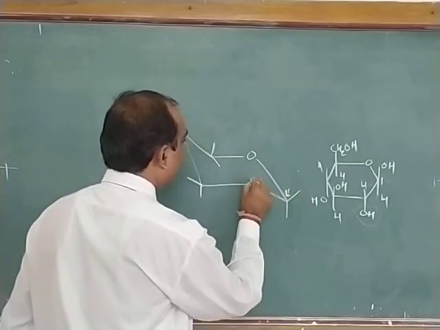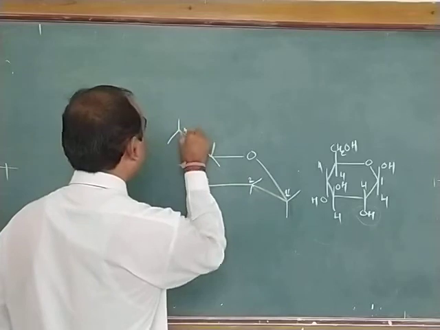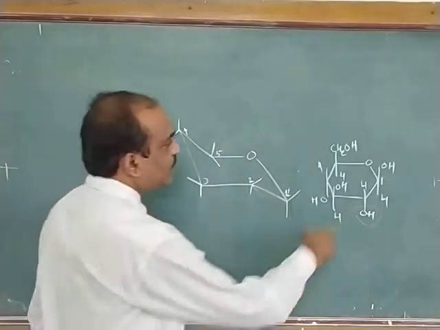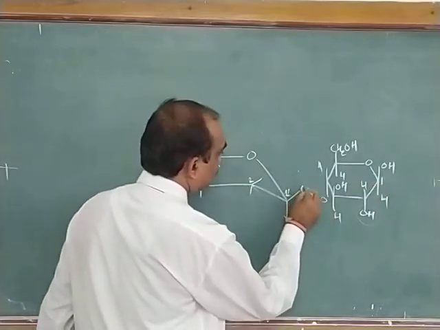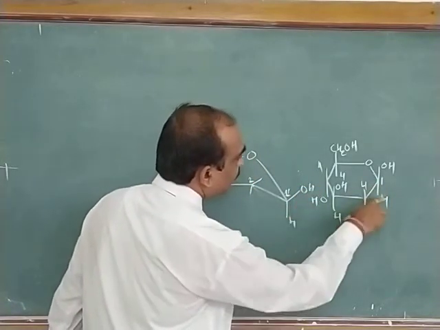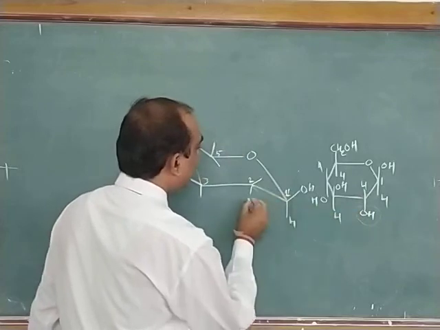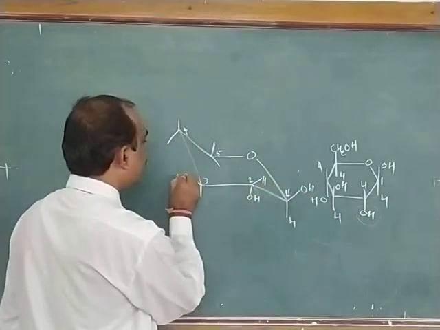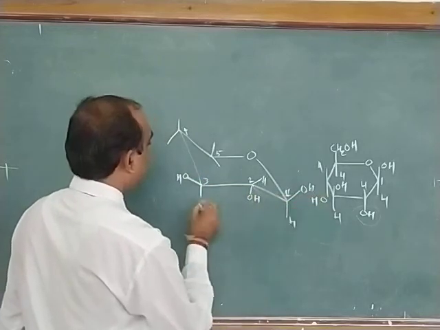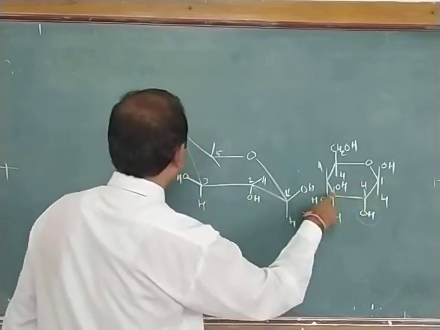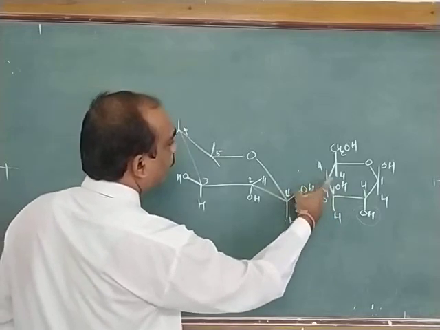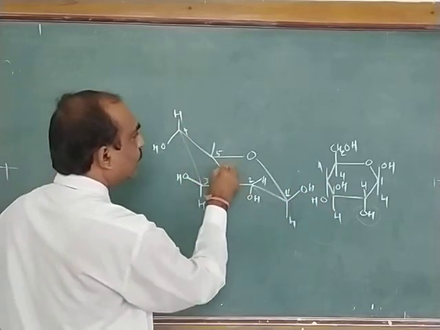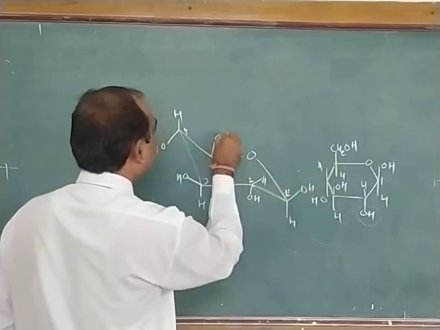This is carbon number 1, 2, 3, 4, 5, and this is the 6 member. Now this is carbon number 1. Hydroxy is on this side, here is hydrogen on the lower side. On the carbon number 2, again hydroxy down, here is the hydrogen. Here is the OH on the carbon number 3. On the carbon number 4, OH is down and the H is up. On the carbon number 5, here is the CH2.